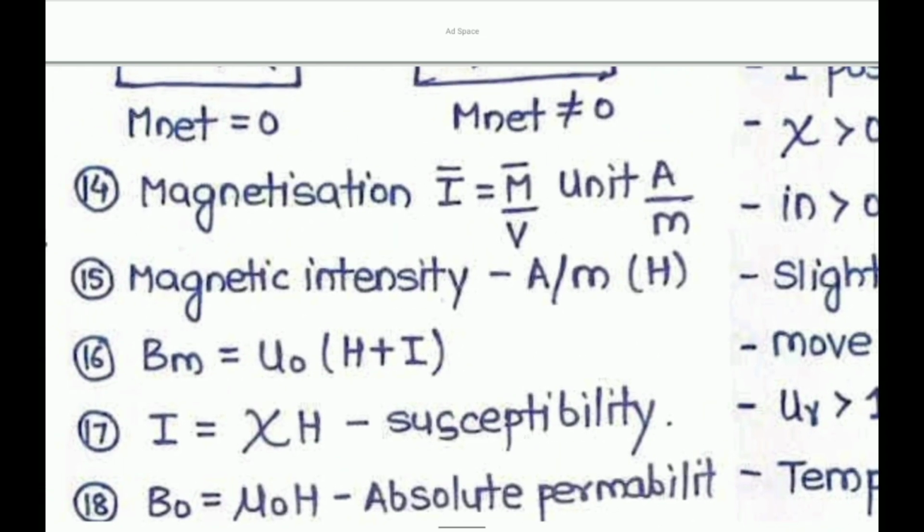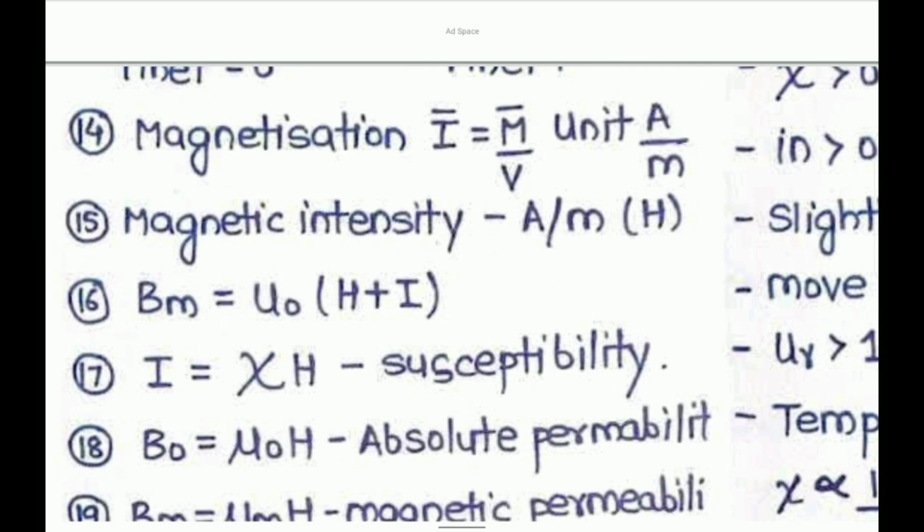Next point, magnetic intensity and intensity of magnetization, ampere per meter.